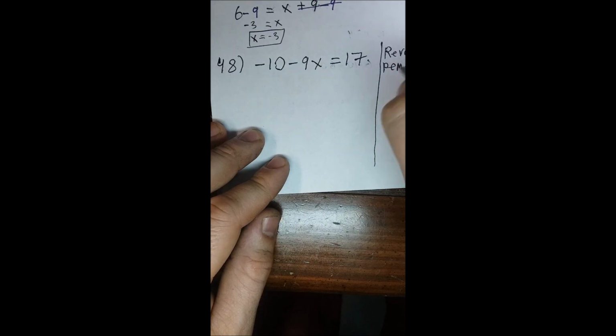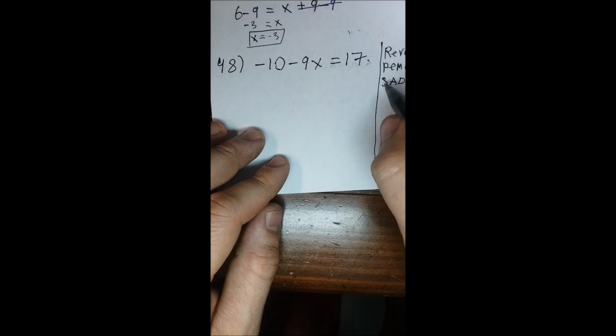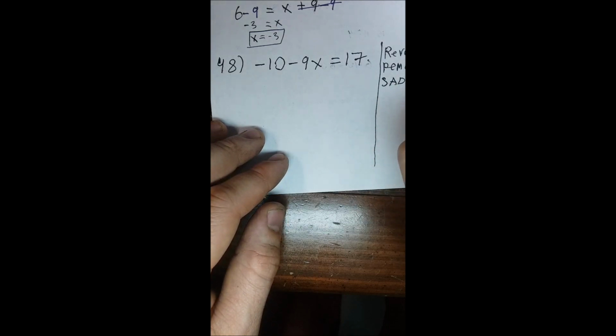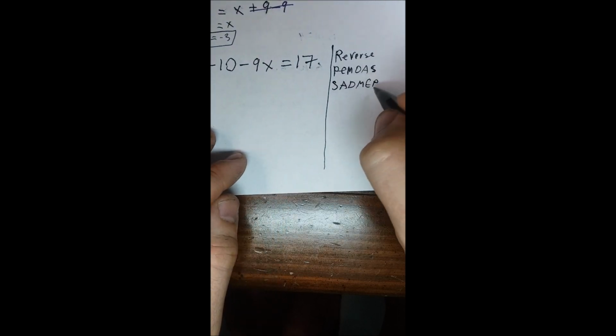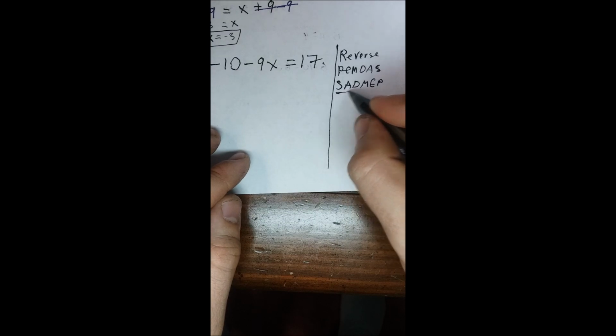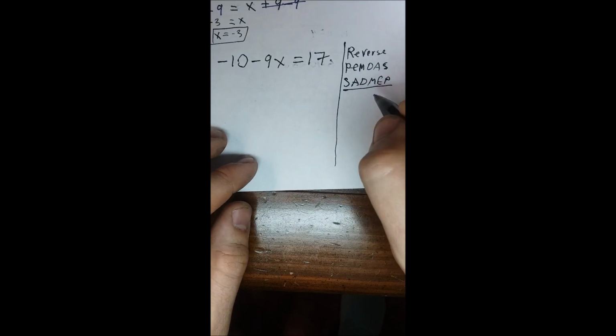PEMDAS backward will be SADMAP. So we start with addition, subtraction, then we do division, multiplication, then exponents, and then parentheses. So you're going to use SADMAP for these problems. All right, let's give it a shot.